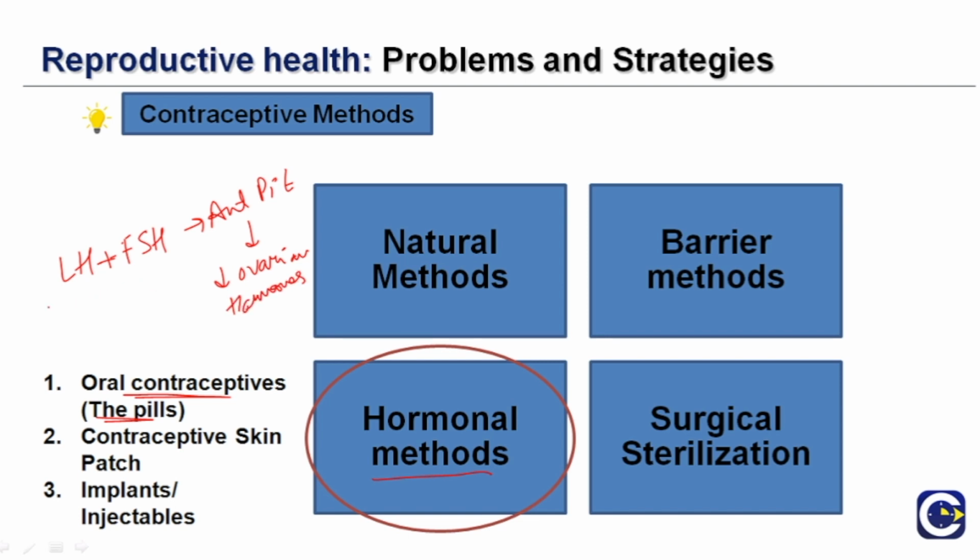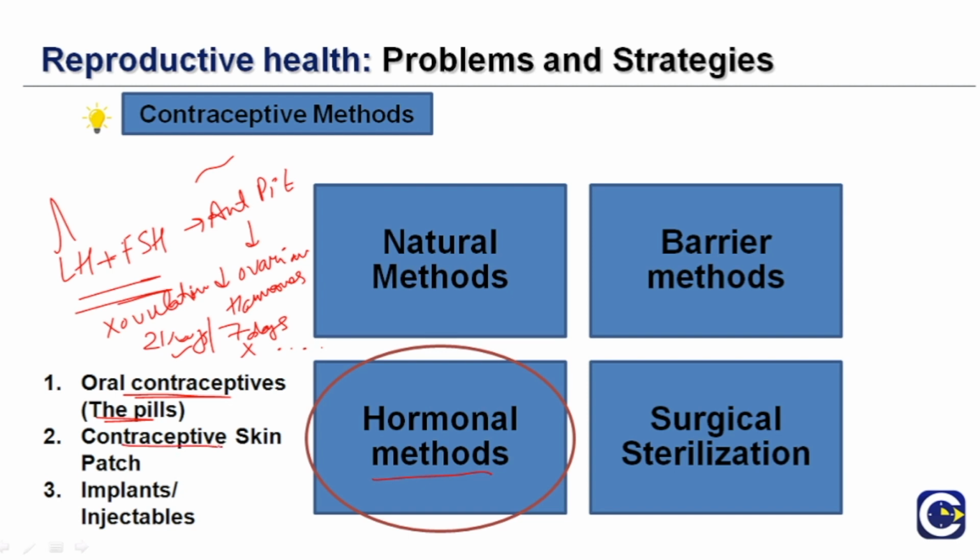So all the hormones are basically stagnant, and there is no LH peak or increase in the estrogen within the ovary, and therefore no ovulation takes place. This prevents pregnancy. These pills should be taken for 21 days and then not taken for 7 days, and you should continue this till you want no pregnancy to occur.